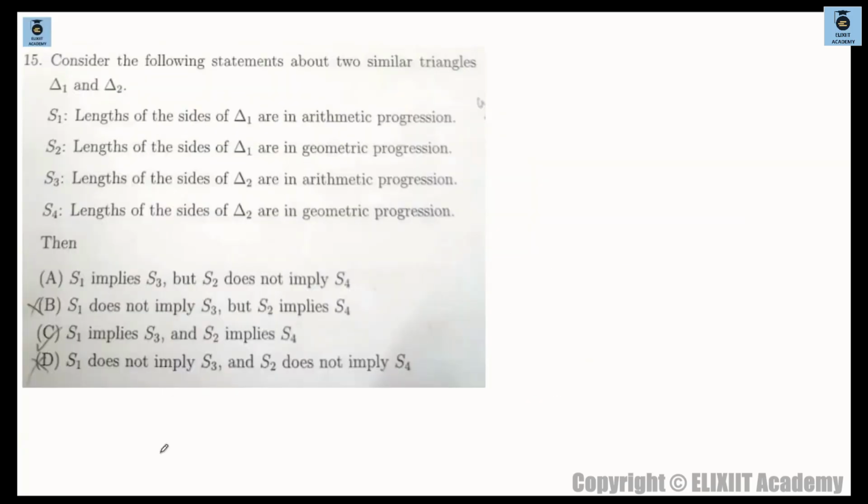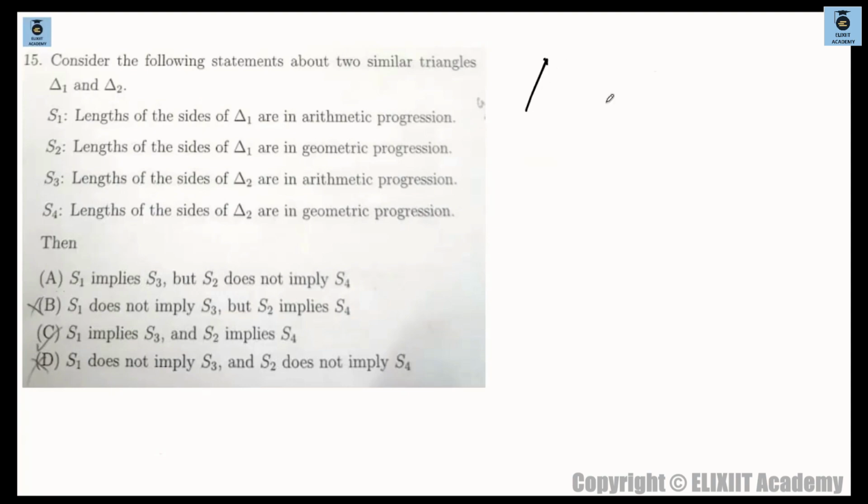Okay, next we have this question, which says that consider the following statements about two similar triangles. So S1, S2, S3, and S4 are given to be four statements. You have to just see which statement implies which statement. Statement 1 is saying lengths of the sides of triangle 1 are in an arithmetic progression, AP.